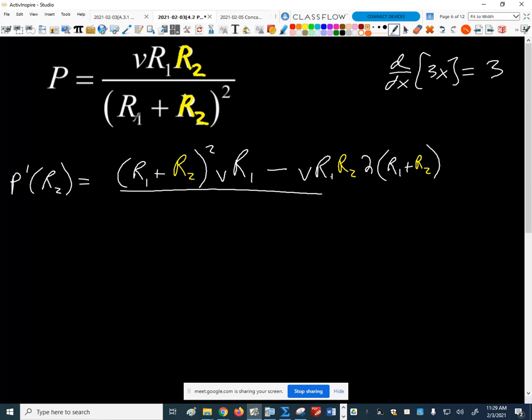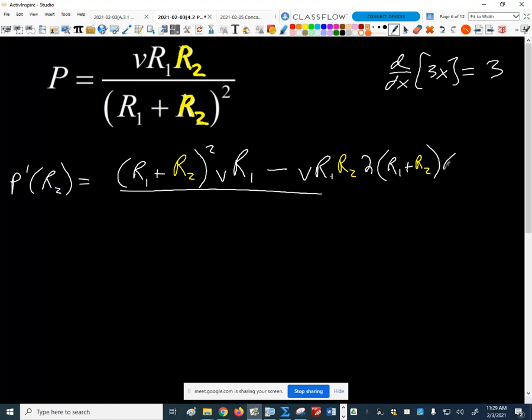What's the derivative of R1? R1's a constant. What's the derivative of R1? Oh, so 0. 0 plus the derivative of R2 would be? The derivative of R2, but we're differentiating with respect to R2. So it'd be 1, wouldn't it?